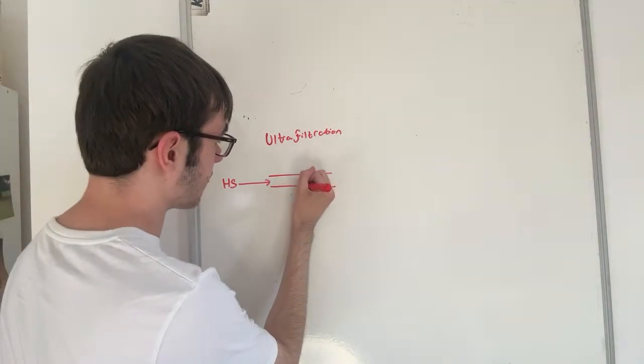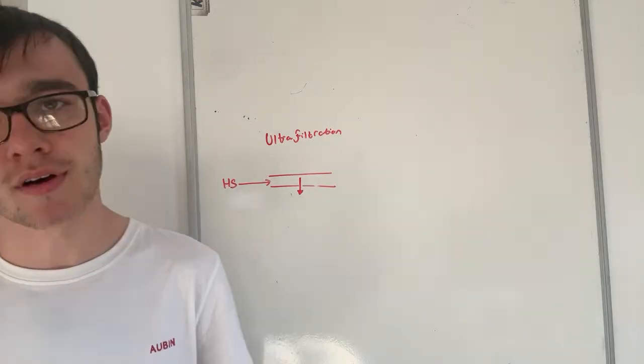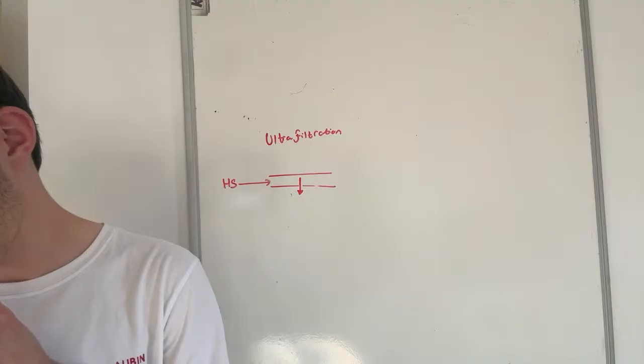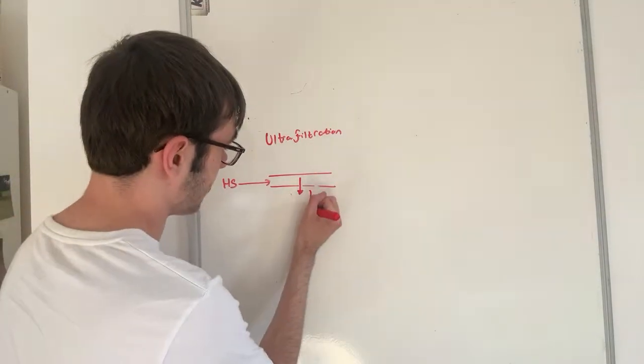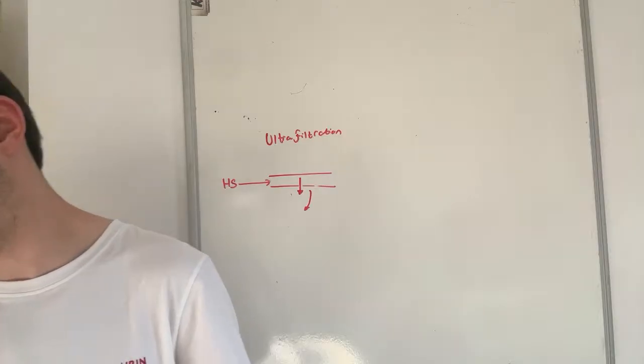That literally is just going to force out substances, such as water, ions, urea, etc., out of the capillary pores. They will then enter the kidney nephron through the Bowman's capsule.